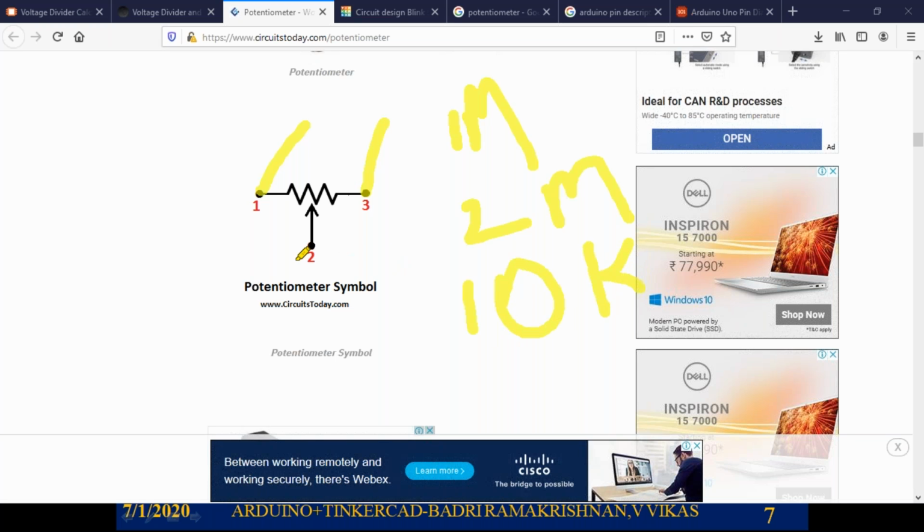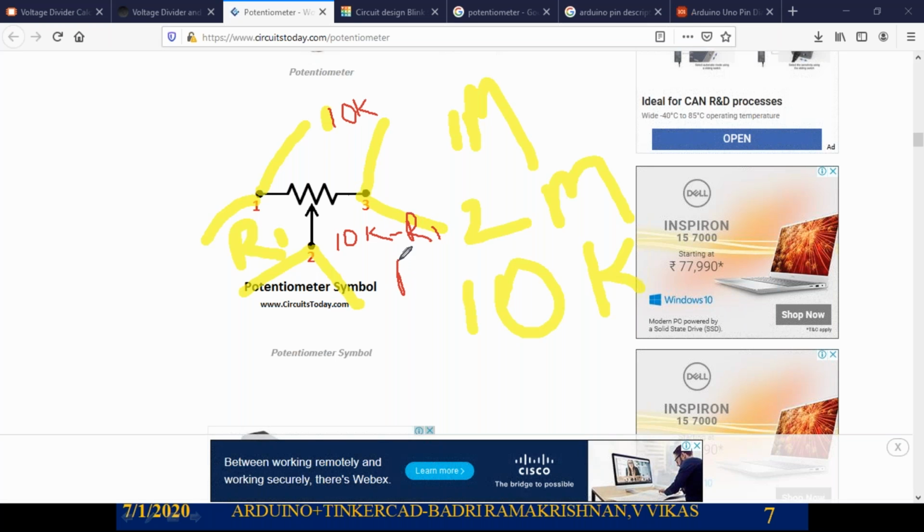But when I consider between 1 and 2, it will have some resistance R1, and between 2 and 3, it is going to have a resistance equal to, for example, if I consider this as 10k, then this one is 10k minus R1.